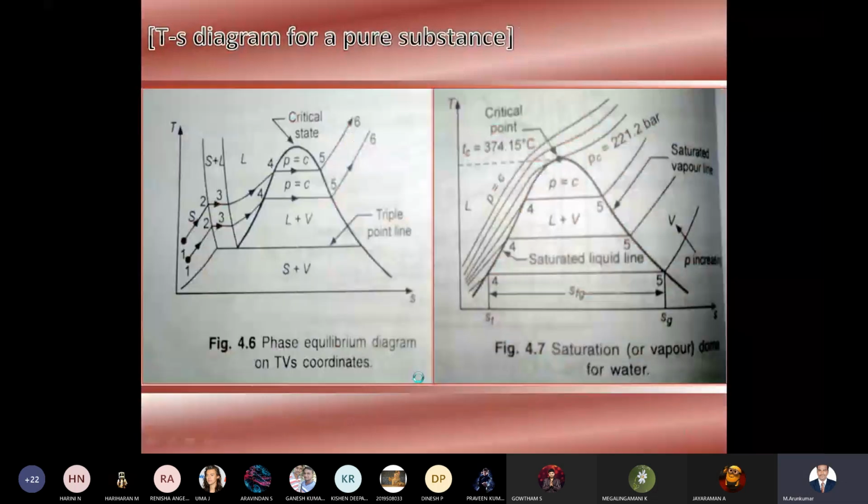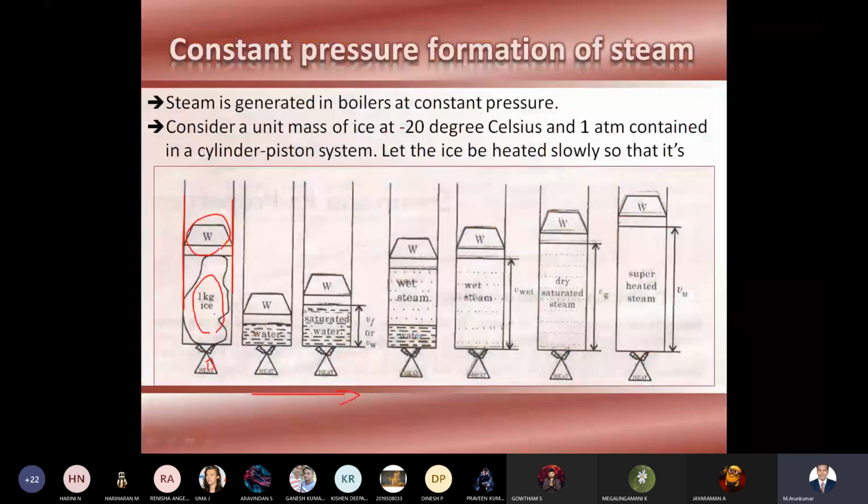So if you add heat to this ice, what will happen? This ice will try to melt, right? So this solid phase will transfer into liquid phase. Then if you keep on adding heat energy into the system, the water gets saturated, right? So some amount of heat energy will be absorbed by the water.